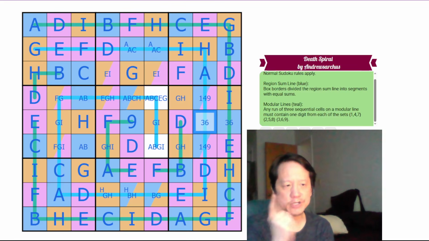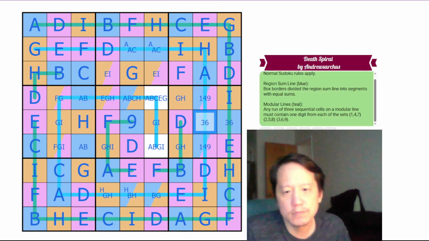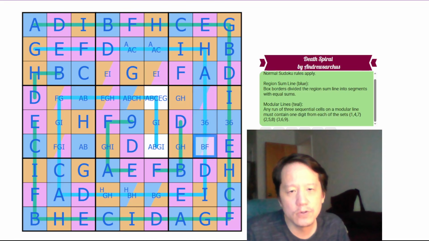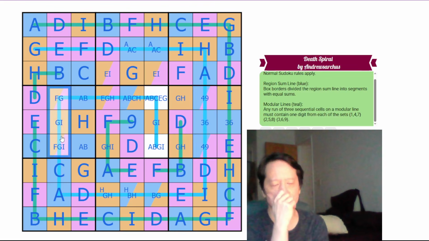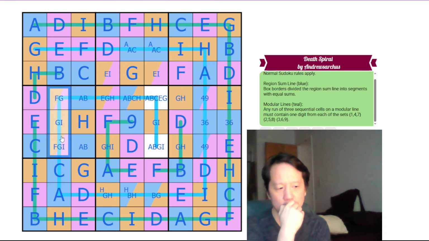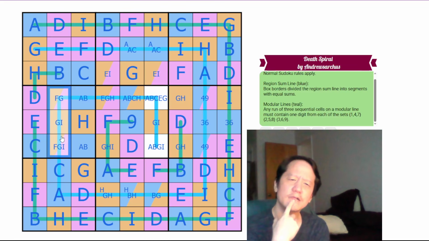But the orange matches the set. Right. The orange matches the sum number. That doesn't work. Huh.